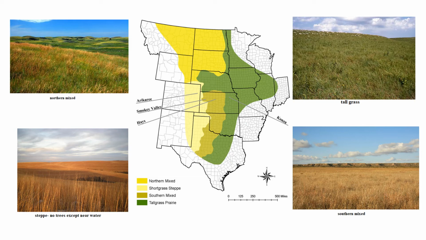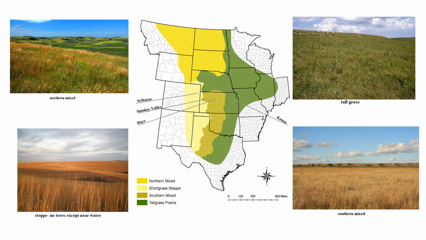So let's take a look at the area that's kind of a light tan. You can barely see it on this map. It's over there to the left of all the greens and just south of the yellows, and that's that area there in eastern Colorado, northern Texas, a little bit of New Mexico, the Oklahoma Panhandle, and the westernmost part of Kansas. That's called the short grass steppe.